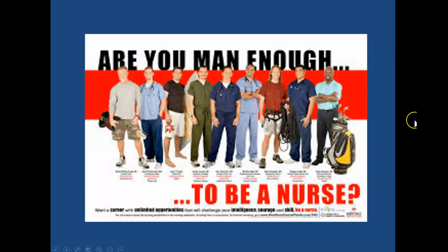The hasty generalization here is, it's multi-layered, but it's essentially that men believe that nursing is a feminine job. So it's kind of lumping all men in together and pitching it to those men. Are you man enough to be a nurse because all men think that nursing is a feminine job, for instance. Another hasty generalization, just coming through an image and a little bit of text.